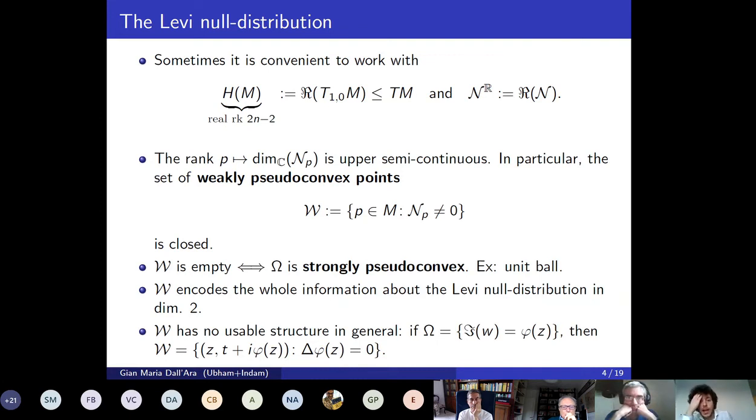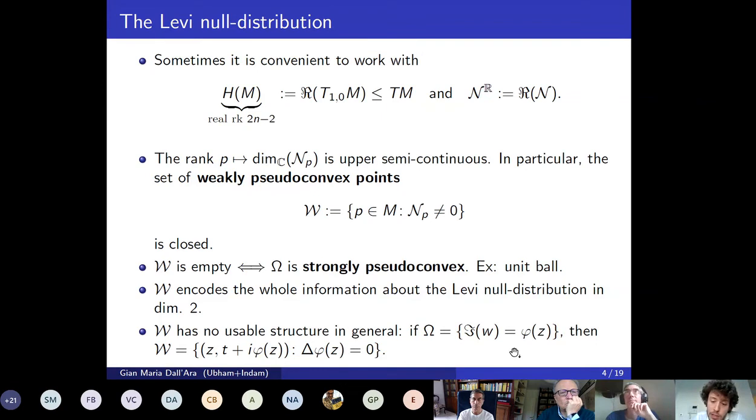Because if you don't assume any other regularity on the domain on top of smoothness, for example, real analyticity would make the geometry somehow easier, the set of weakly pseudoconvex points can be quite an arbitrary compact subset of the boundary. An example that I put in evidence here is domains that are defined by imaginary part of W equal to phi of Z in two complex variables Z and W, where phi is a smooth function.